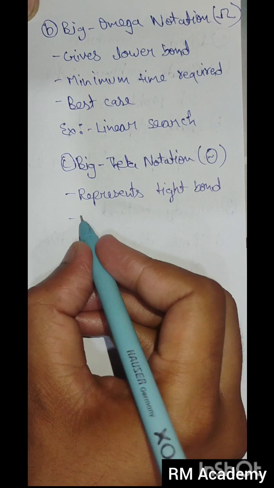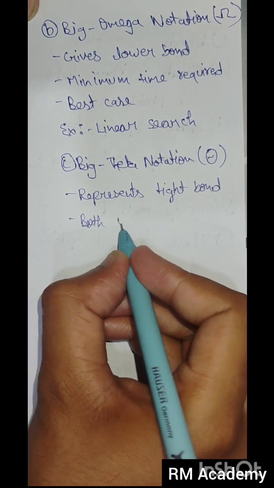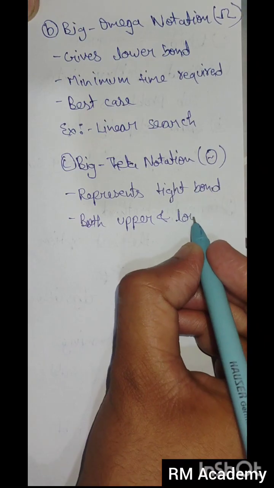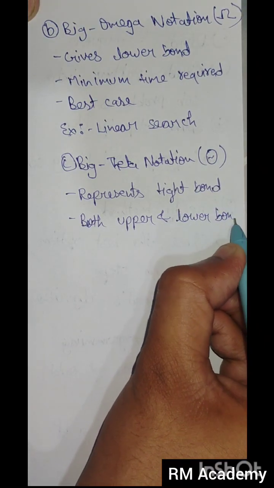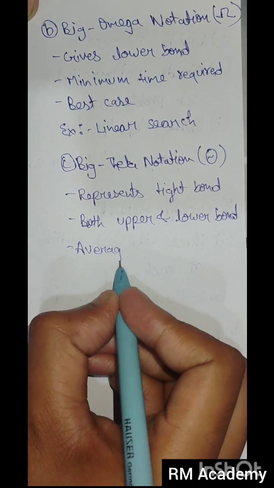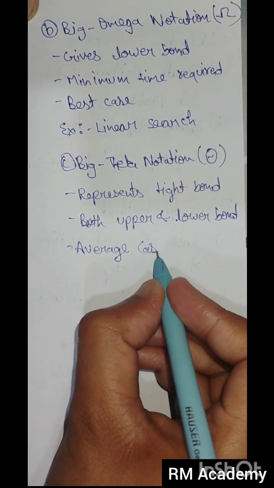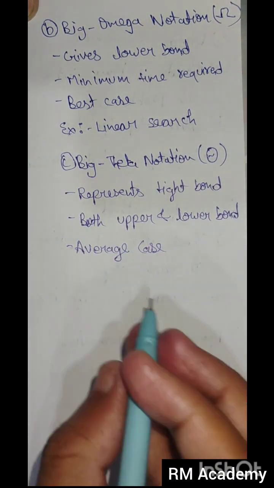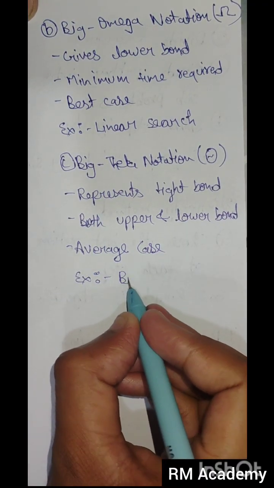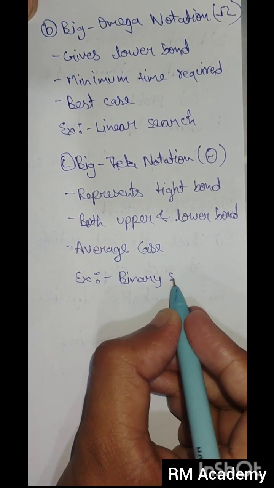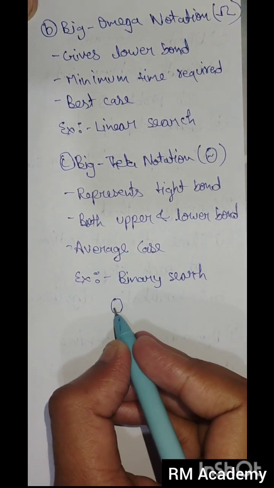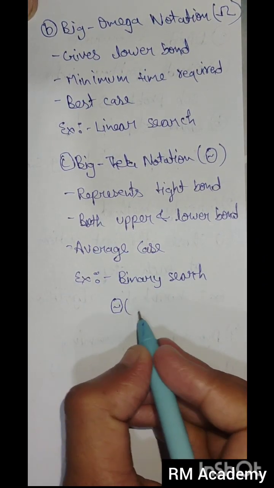It gives both upper and lower bound. It gives average case. It takes average time to complete the algorithm. That's why it gives average case. Example, we can take binary search as O log n.